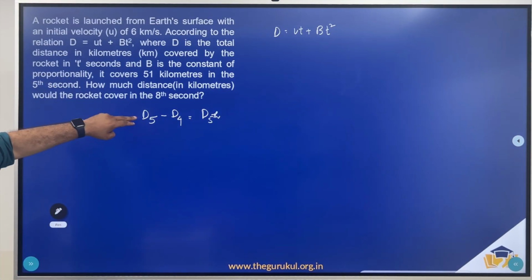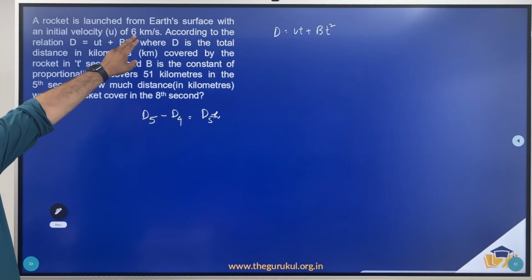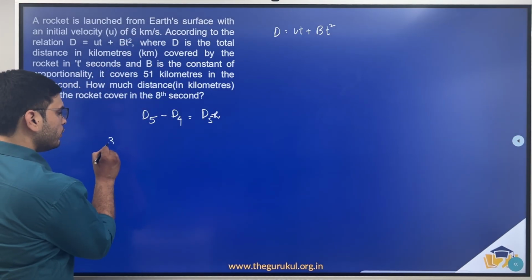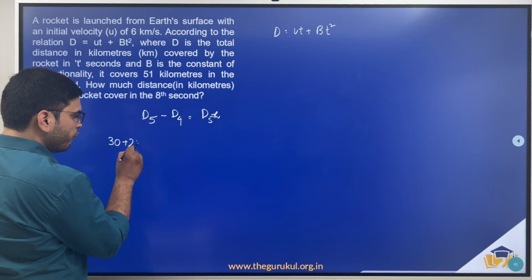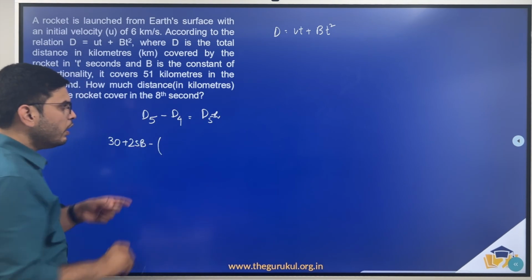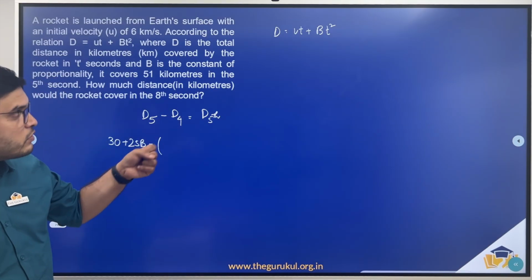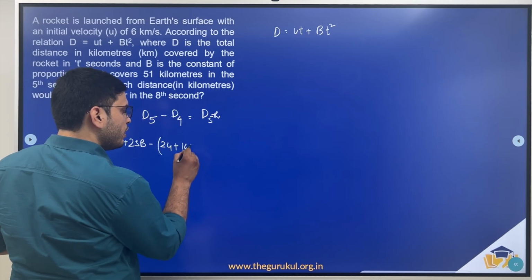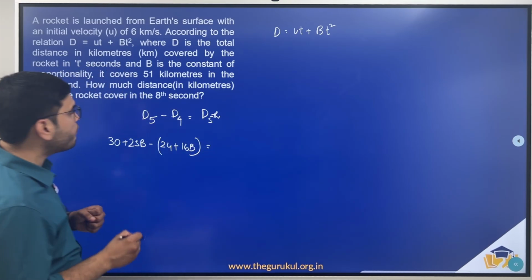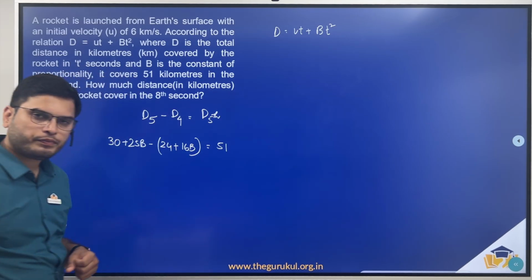Now in this case t is 5. Now u is given to be 6, so 6 into 5 is 30, plus t is 5, t square, 5 square is 25b, minus, now here t is 4 seconds, so 6 into 4 is 24, plus 16b, and this is given to be 51, right?